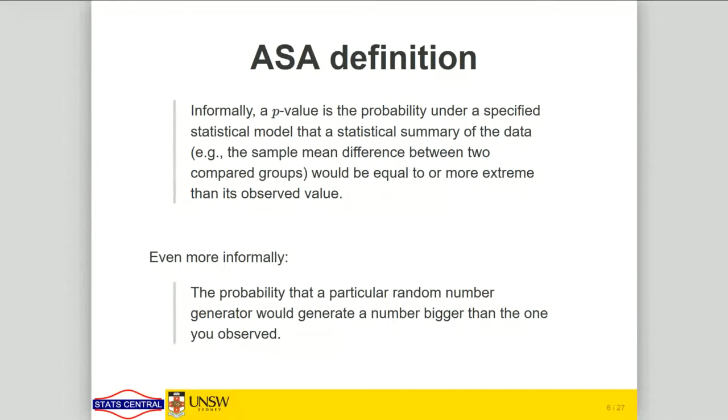If you're doing a t-test, it's generating numbers from a t-distribution, which is like a normal distribution. If you're doing a chi-squared test, like the name suggests, it's generating numbers from a chi-squared distribution. And so the p-value is just looking at that distribution of randomly generated numbers and seeing how many of them are bigger than the one that you observed. This definition is a little bit cynical, I guess, but it's designed to demonstrate how abstract the idea of a p-value is.